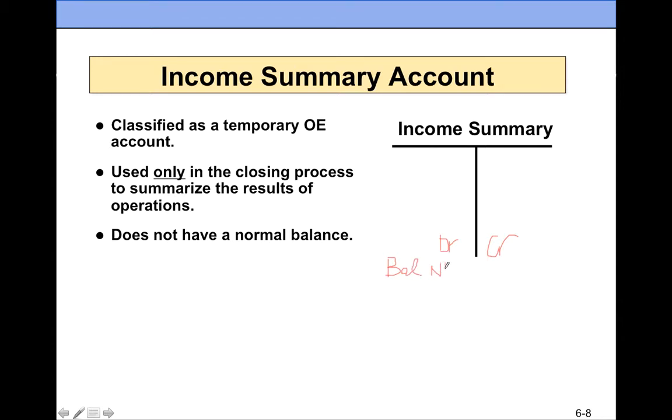The way I remember it, net loss means that expenses are higher than revenues, and expenses have a normal debit balance. So if my income summary has a debit balance, that means expenses are higher than revenues. If I have a credit balance, then we are in the black. We have net income. And the way I remember it is net income means that revenues are higher than expenses, and revenues have a normal credit balance.